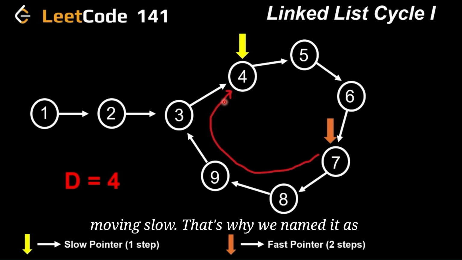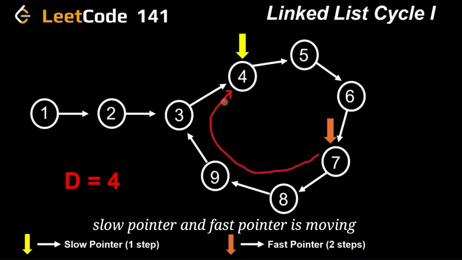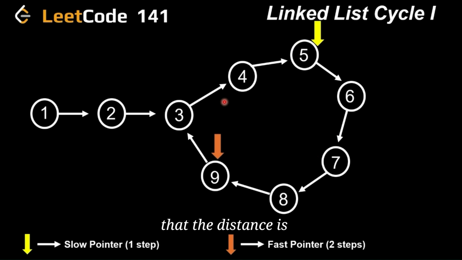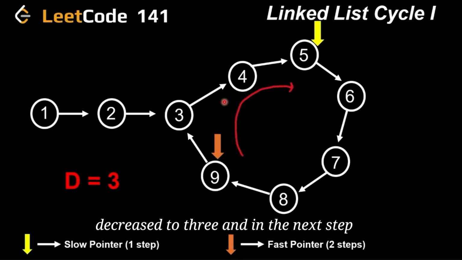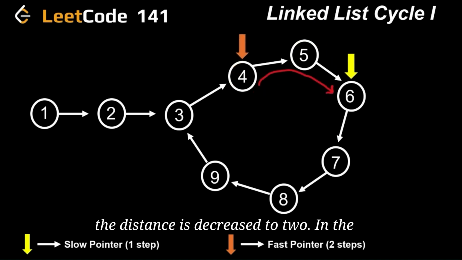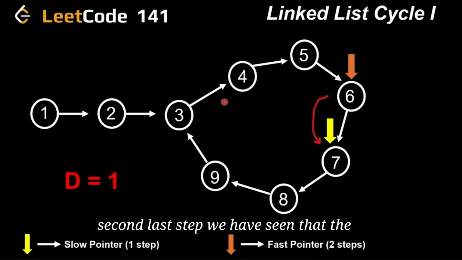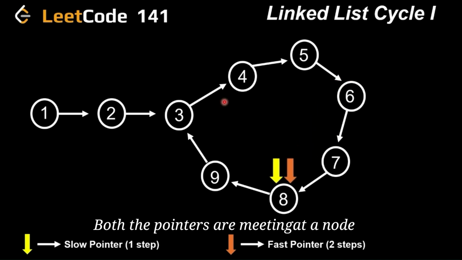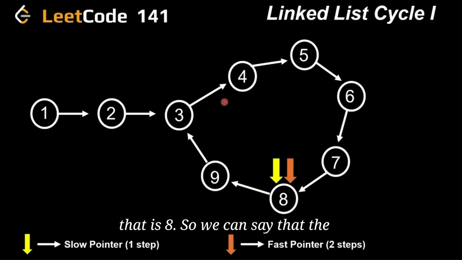That's why we named it the slow pointer, and the fast pointer is moving by 2. In the next step the distance decreases to 3, then to 2, and in the second last step to 1. Finally, both pointers meet at a node, that is 8. So we can say that a cycle exists in the linked list.